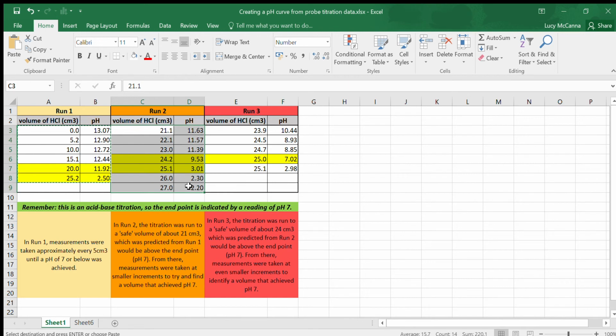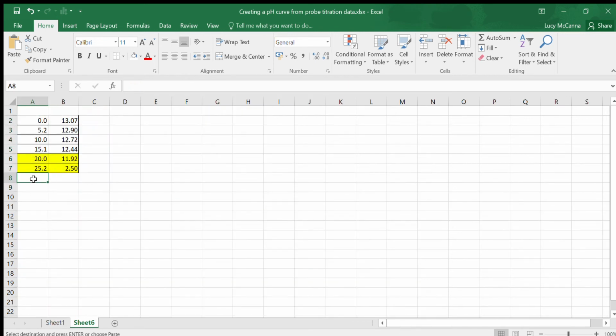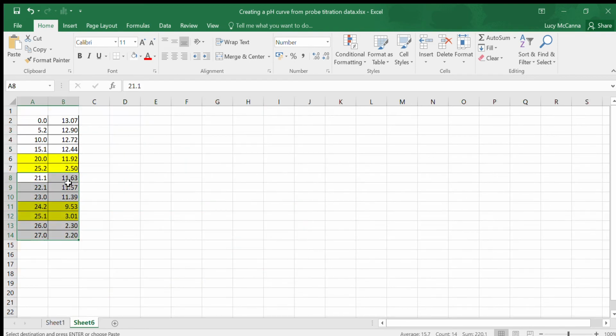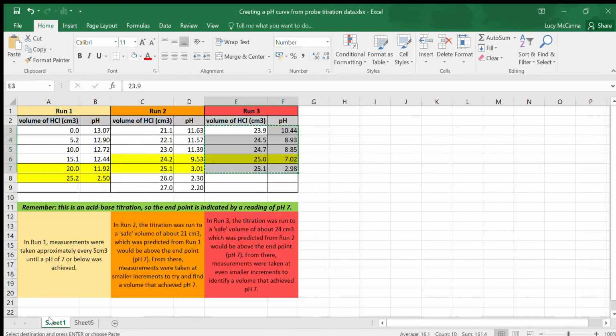Control C to copy, and Control V to paste. So I've taken all of the numbers, and you will do this with yours, into a new sheet.